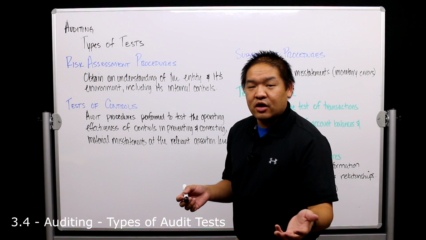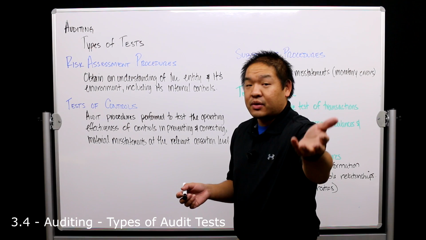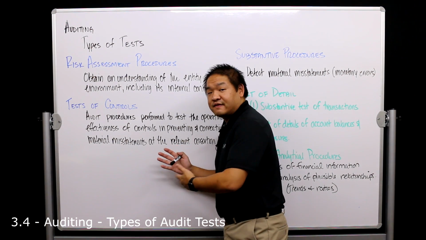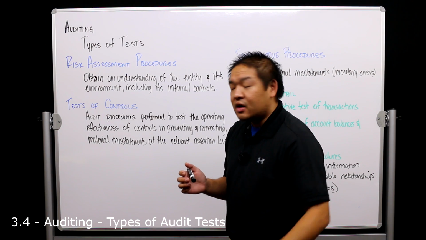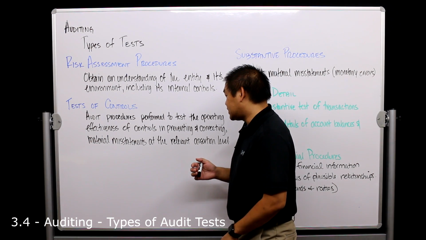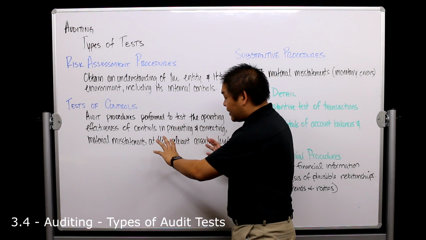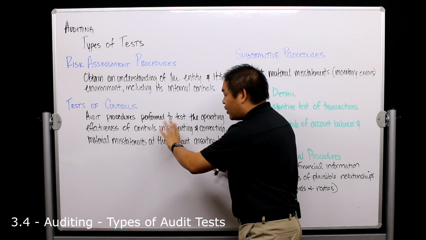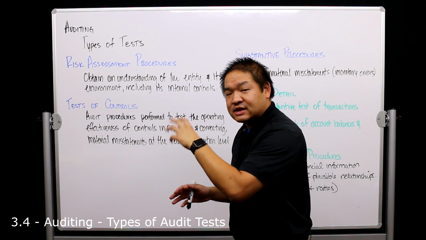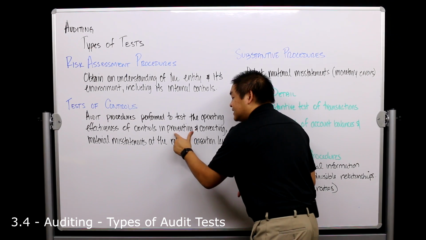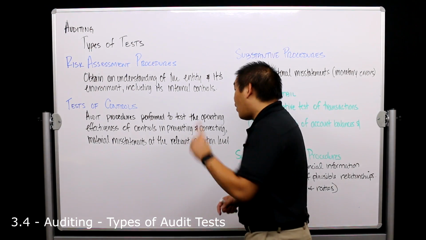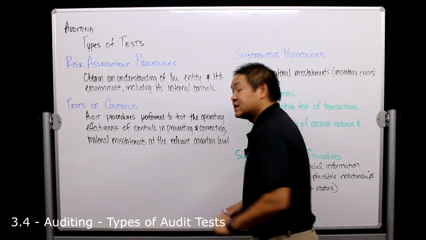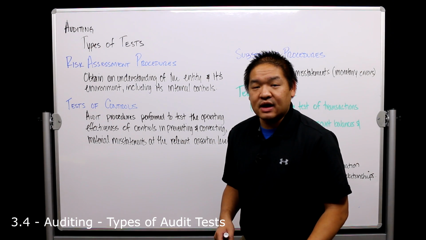If we are a PCAOB audit, we may have to issue a report on the effectiveness of the controls from the organizational standpoint. How effective are they when it comes to the financial statements? And then one thing that we kind of skipped a little bit: what are we trying to test? We're trying to test the effectiveness at preventing errors or misstatements or fraud, or correcting material misstatements at the assertion level.